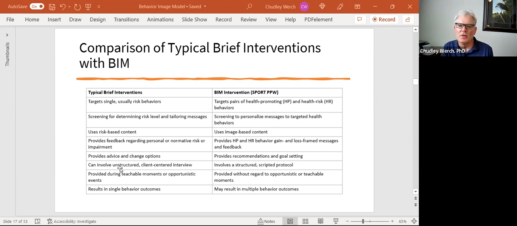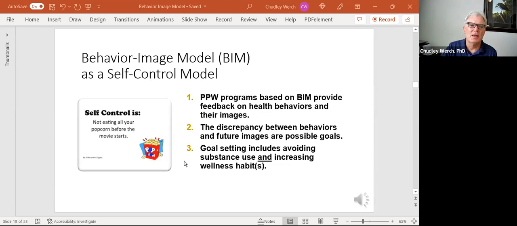It provides health promotion and health risk behavior gain and loss frame messages and feedback, provides recommendations and goal setting, involves a structured scripted protocol, provides without regard to opportunistic settings, so it can be provided anytime, and may result in multiple behavior outcomes because it focuses on multiple behaviors. So that's the comparison of typical brief interventions and brief interventions based on the behavior image model.